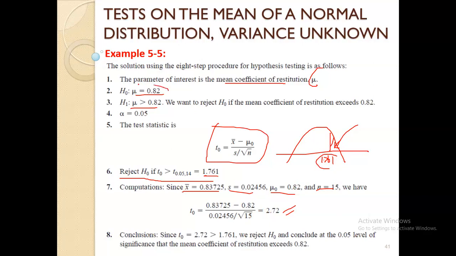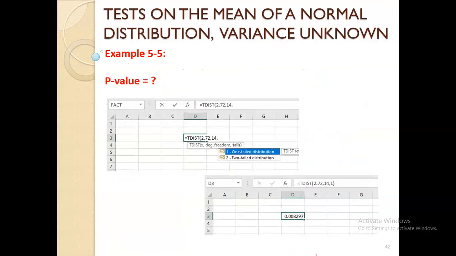You can also calculate the P value from the T-distribution, one tail or two tail, but it can be calculated on one tail.